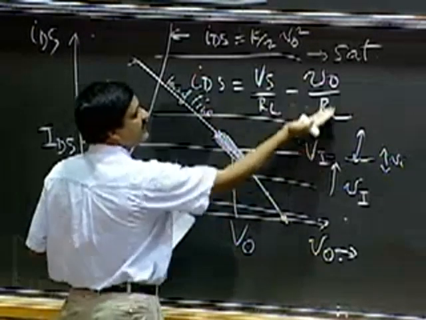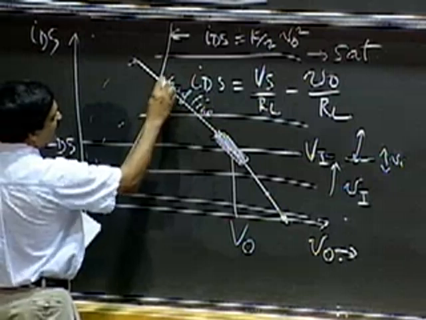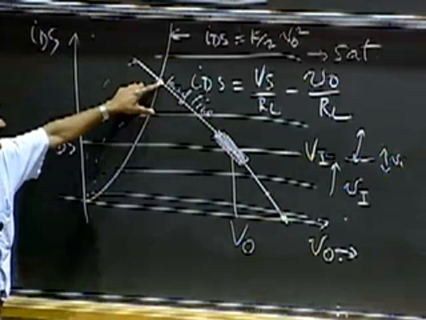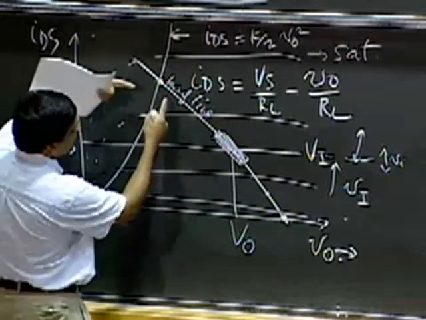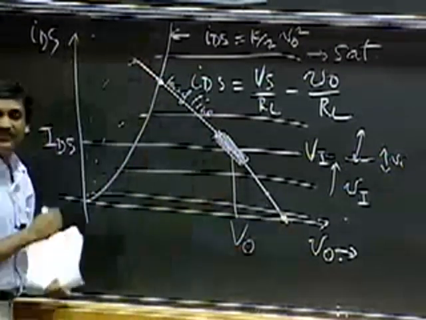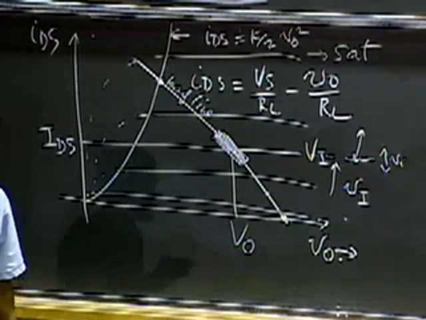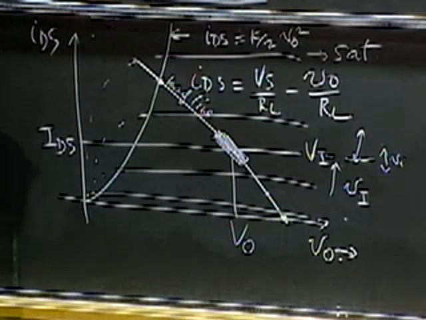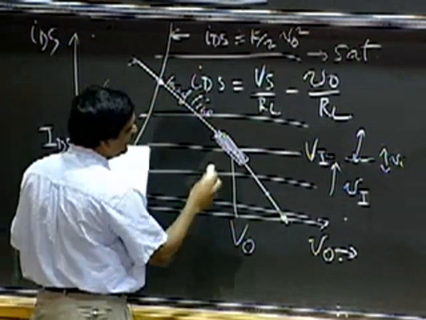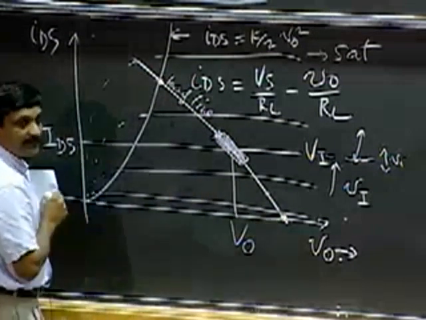Similarly, at the high end, VI could get up to a high value, and we computed that value in the last lecture, and the corresponding value at the input would be here. So in some sense, I can traverse all the way from here to here and have my MOSFET remain in saturation. Remember, we're not talking about linearity right now, just about the valid operating range based on my definition, which is that the MOSFET should stay in saturation. So if I choose my operating point here, then I get this range here.